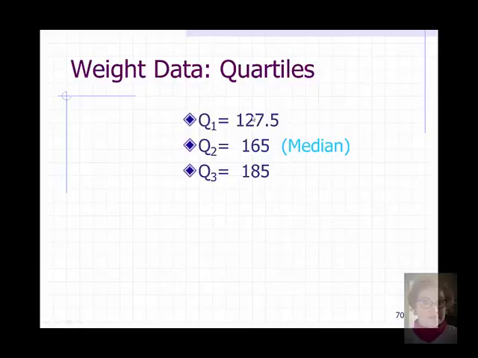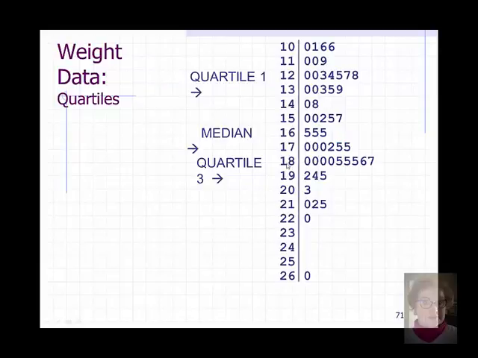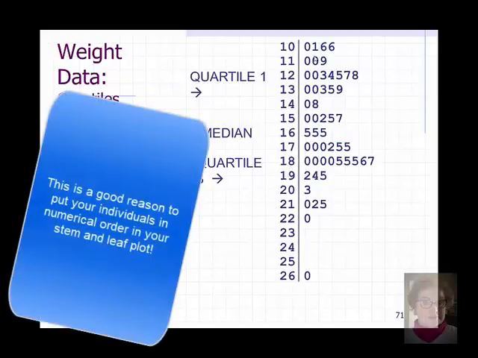So we know that half of the data is going to be between 127 and a half pounds and 185 pounds. We know that half the data is below 165 pounds, and we know that half the data is above 165 pounds. We can look at that in our stem and leaf plot. We can do the counting in the stem and leaf plot.